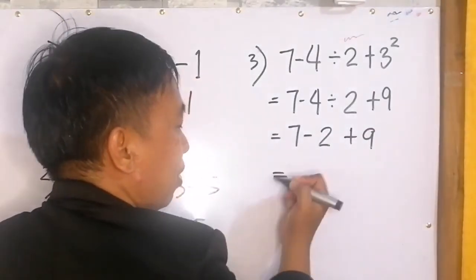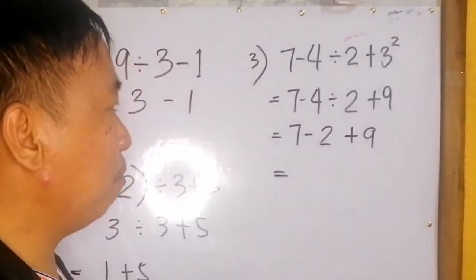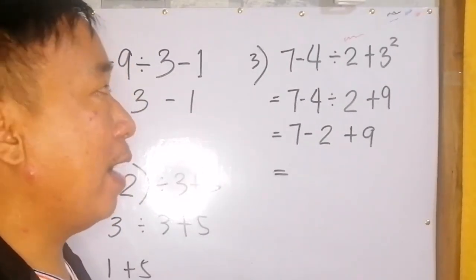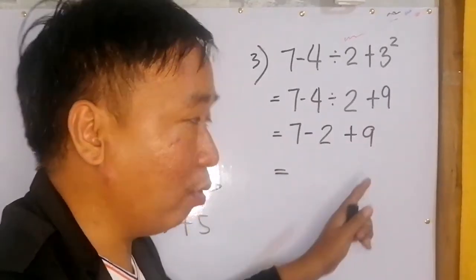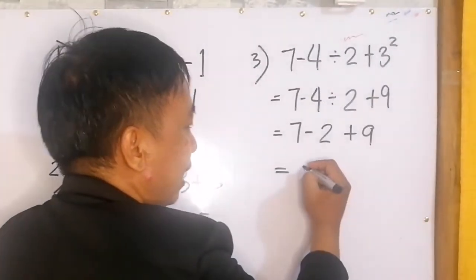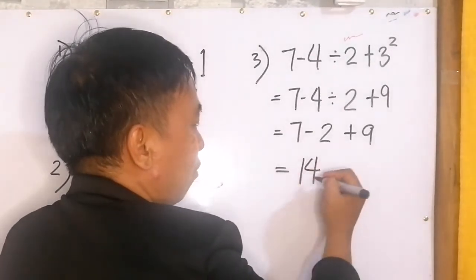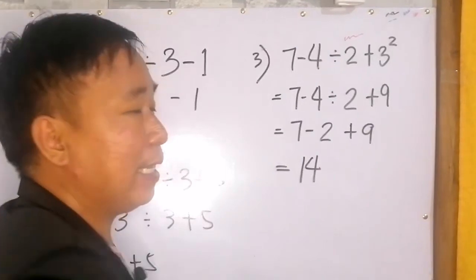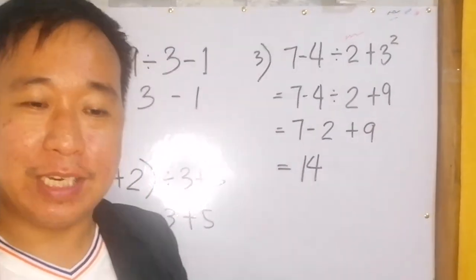What would be the answer? We are going to solve from left to right. 7 minus 2 is 5, plus 9, that is 14. So 7 minus 4 divided by 2 plus 3 squared is equivalent to 14.